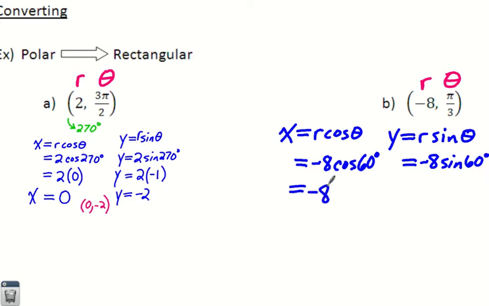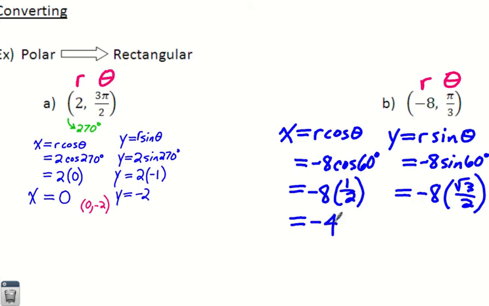And you would check your chart, and I'm pretty sure that the cosine of 60 is 1/2. And I'm pretty sure that the sine of 60 is √3 over 2. Okay? And so that would be a final x value. What is -8 times 1/2?